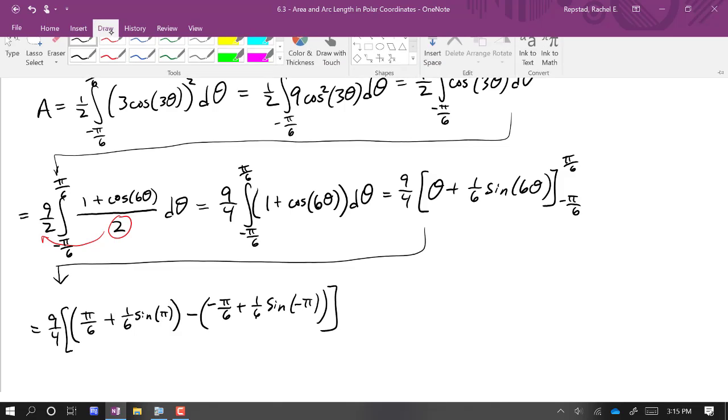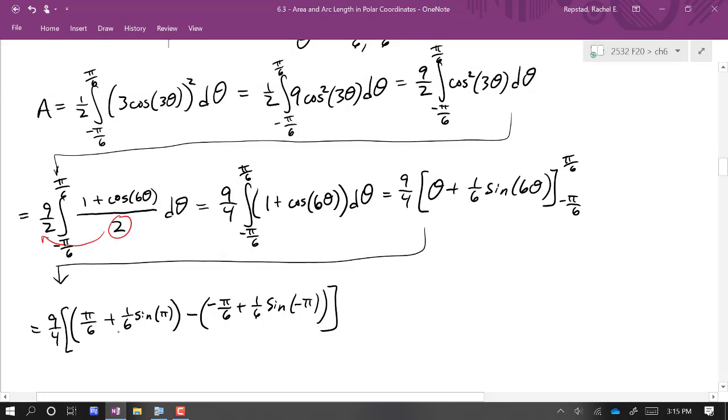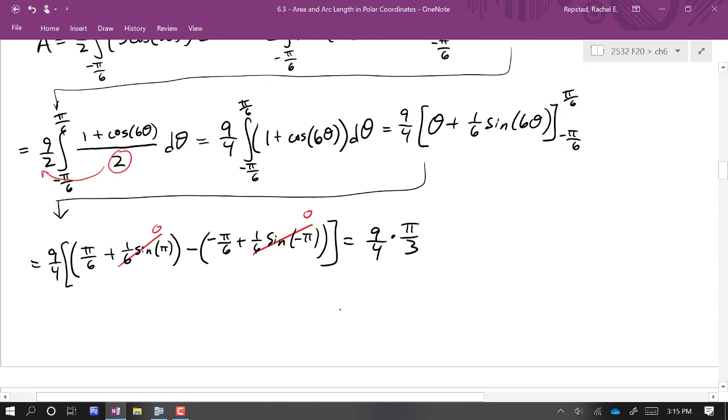Sine of pi and sine of minus pi, they're both 0. So this is 9/4 times pi over 6 minus negative pi over 6. So that would be 2 pi over 6 or pi over 3. And this would be 3 pi over 4. There's our area.